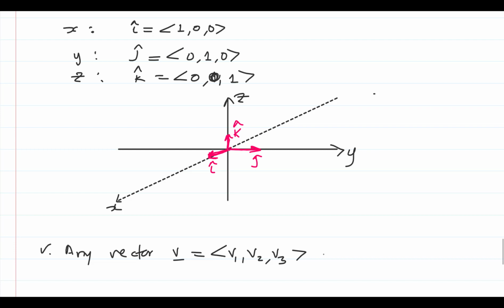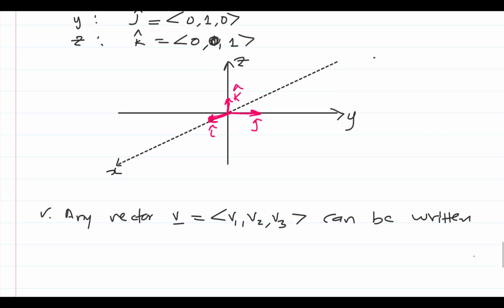This can be written as a linear combination of the standard unit vectors i, j, and k.